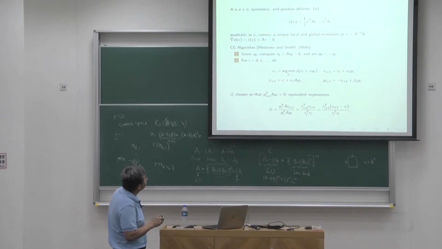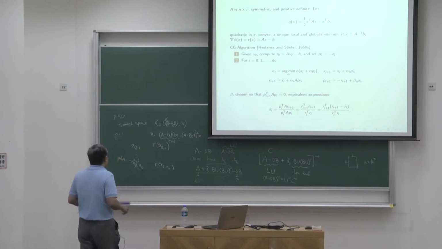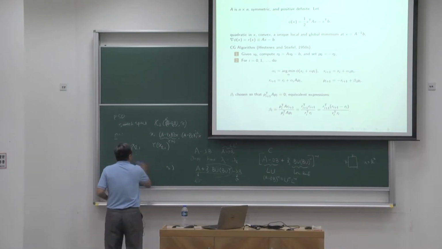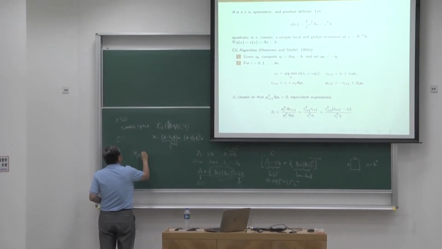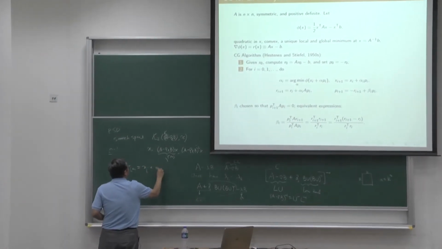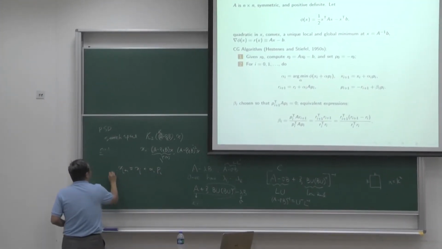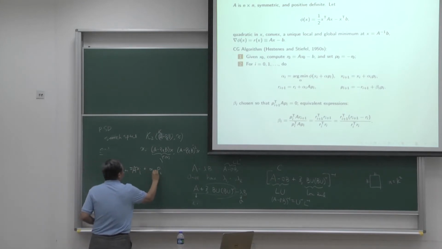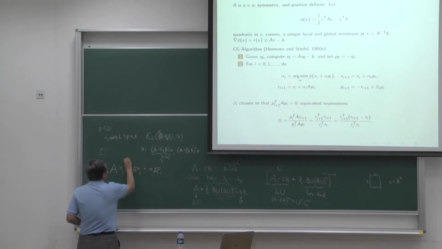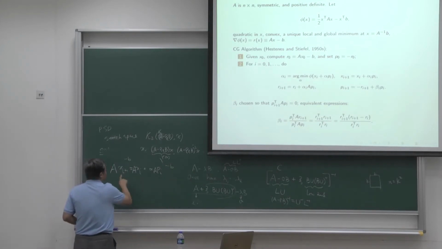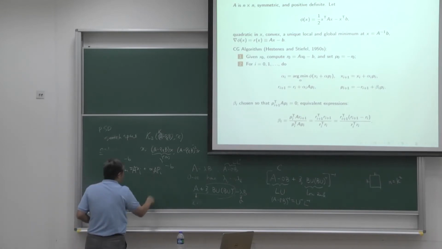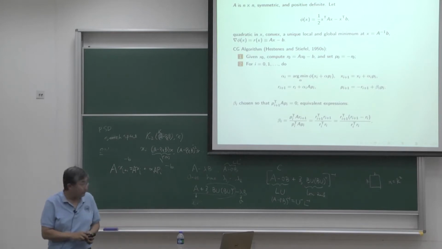It is simply a consequence: if you have x_{i+1} equal to x_i plus alpha i p_i, you can always multiply by A. Then you subtract b from both sides, and you get the residual r_{i+1} equal to r_i plus alpha i A p_i. So that's a simple consequence.